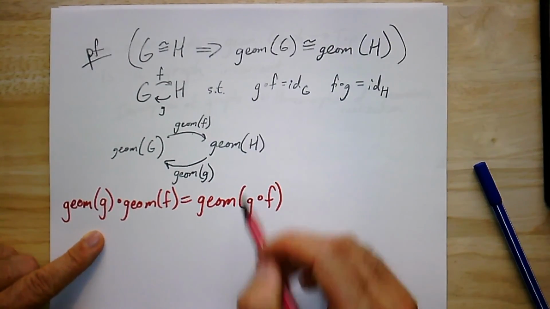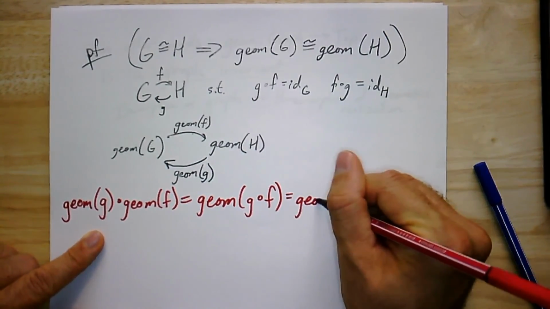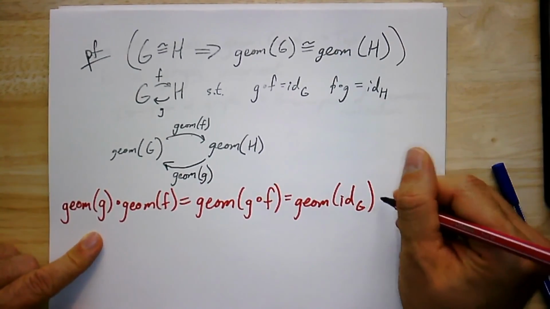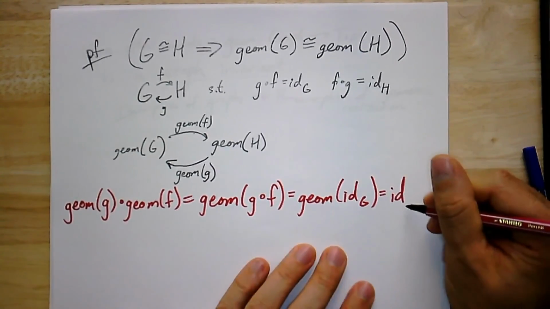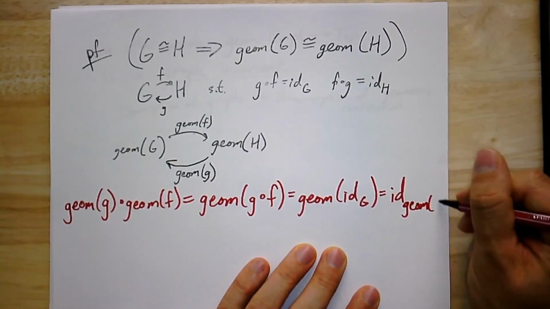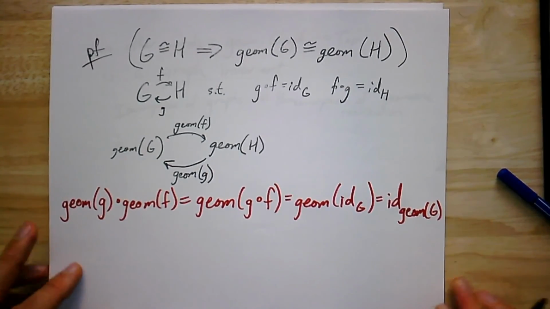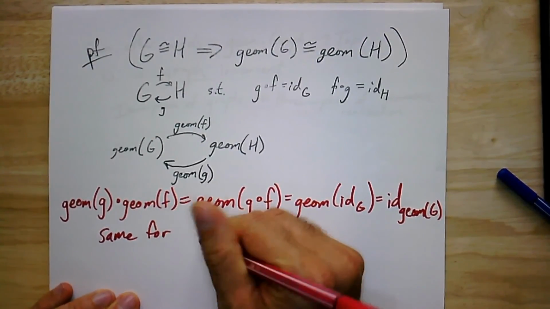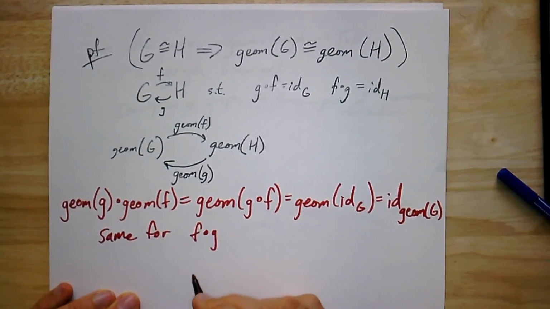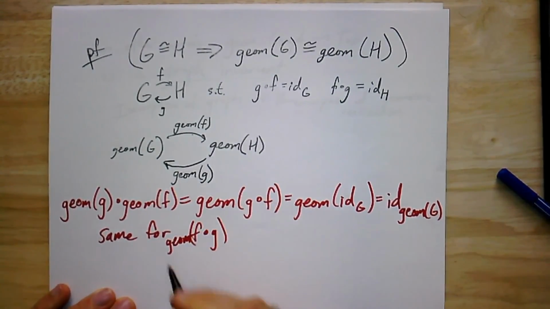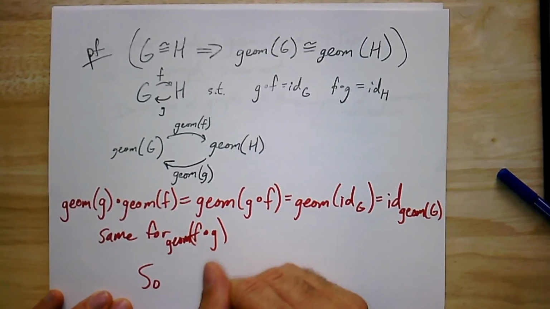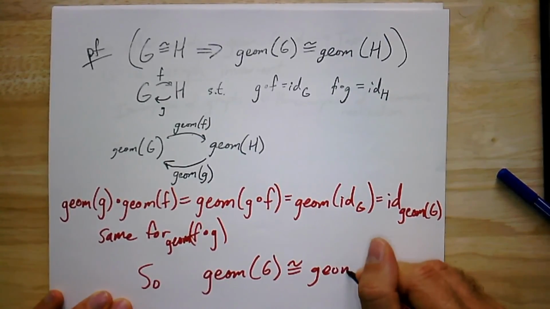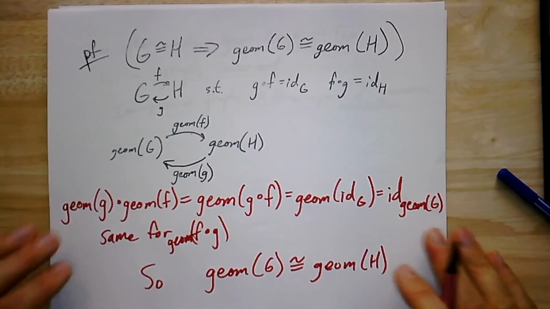But now we can use the fact that this is the identity on G, which implies that this is the identity on the geometric realization of G. And the other direction is the same, for F composed with G. So what we get is that the geometric realization of G and that of H are, in fact, isomorphic. And we got a very simple, short proof of this.